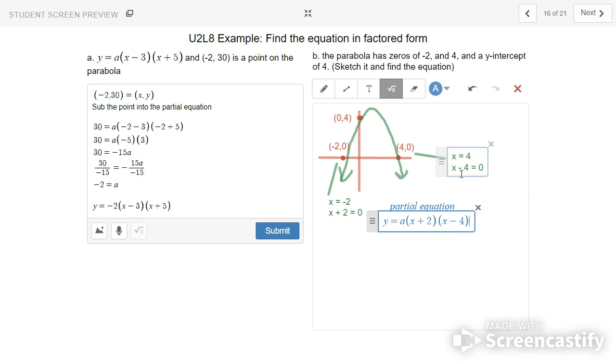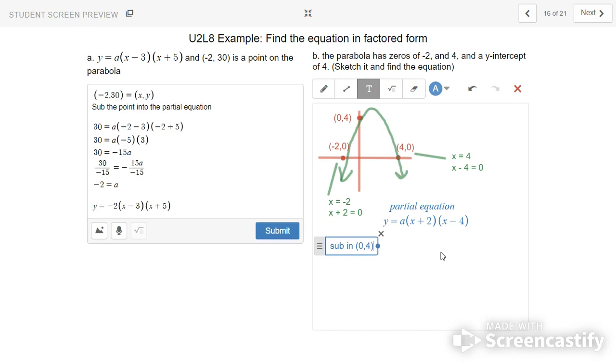And I got these brackets based on our x-intercepts. Next, I'm going to substitute in my y-intercept because that's a point on the graph.